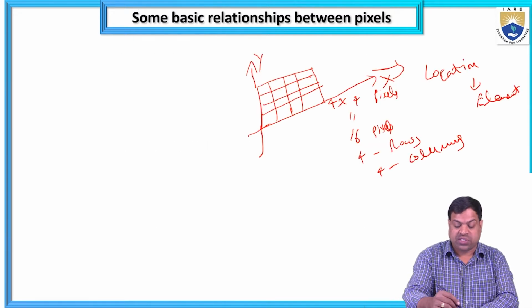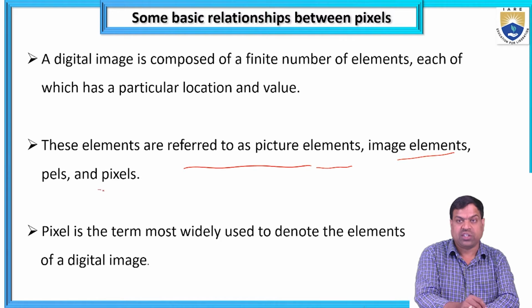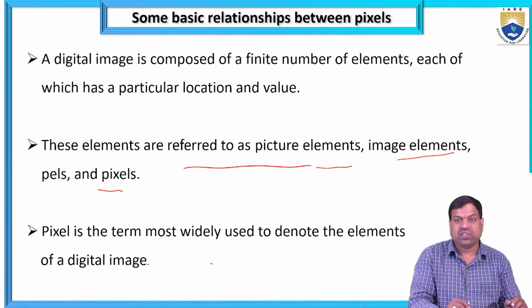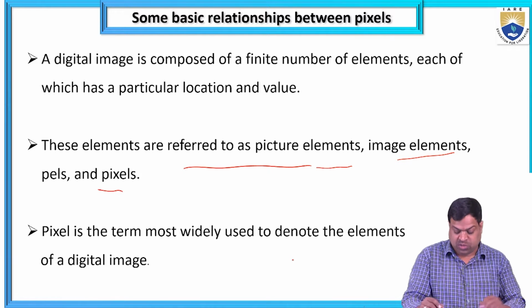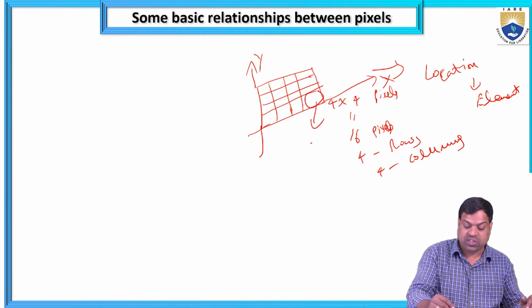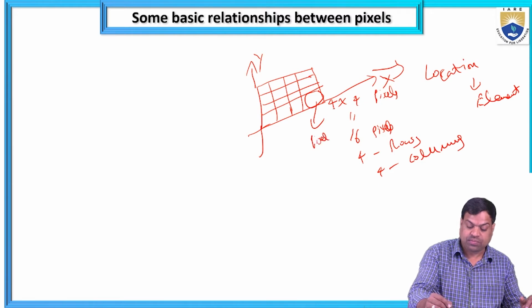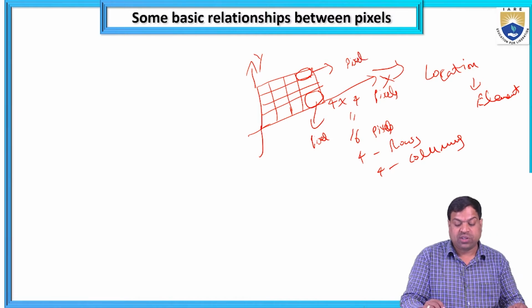How many pixels are there? Total 16 pixels are there. Pixel is the term most widely used to denote the elements of a digital image. So this is one pixel.